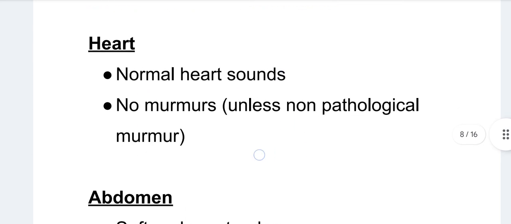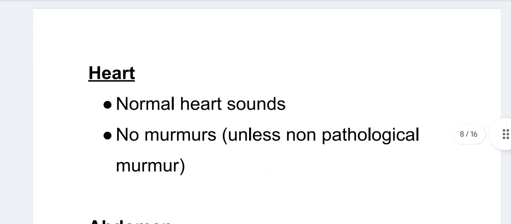Then the heart should have normal heart sounds. There should be no murmurs, unless non-pathological murmurs. Murmurs are those sounds you hear when you are auscultating. Non-pathological murmurs come in a case where maybe the child has a thin chest.